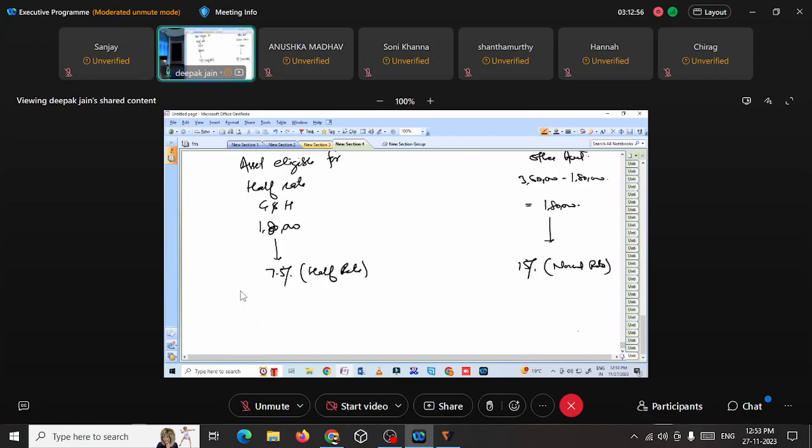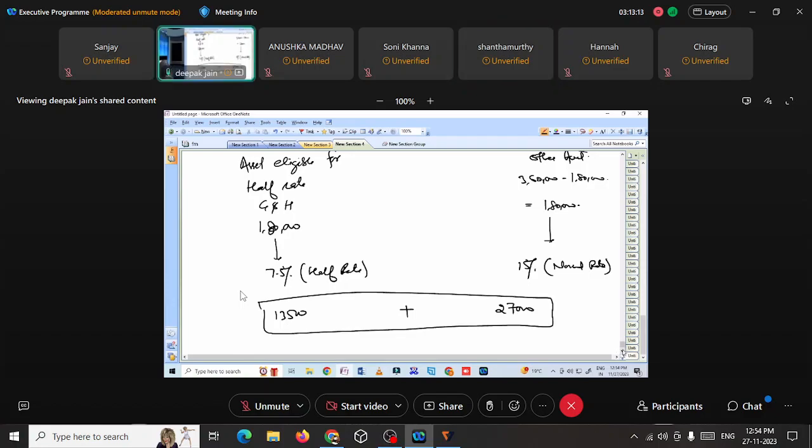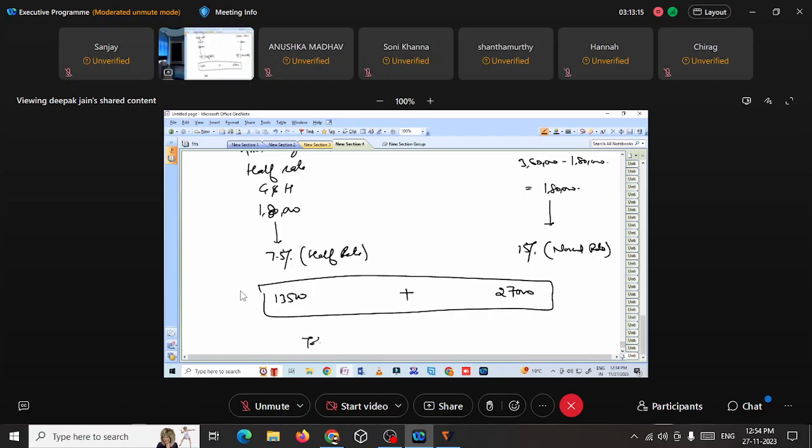So what is the half rate depreciation? 13,500. What is the normal rate? 27,000. So 40,500. So my total depreciation would be 40,500.